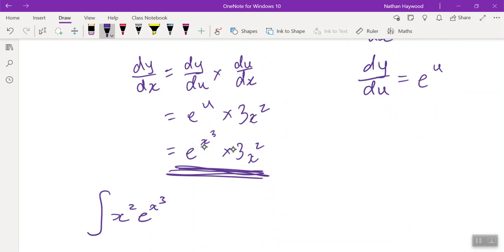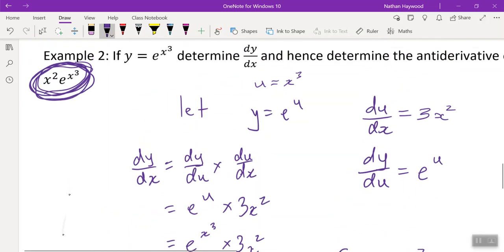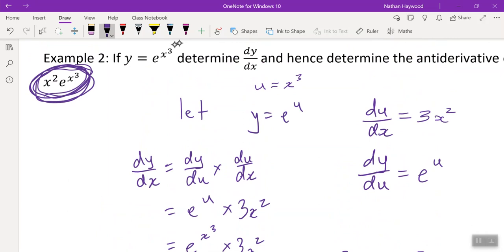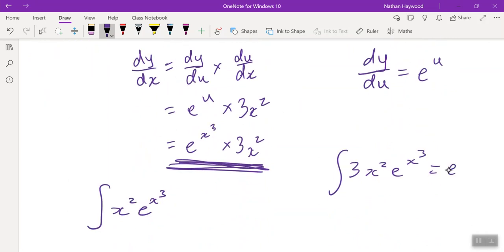We just found that this integrated becomes this. So if we want to get this, what do we need to do?